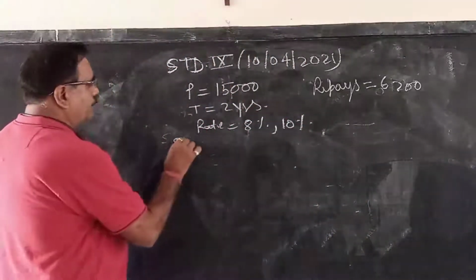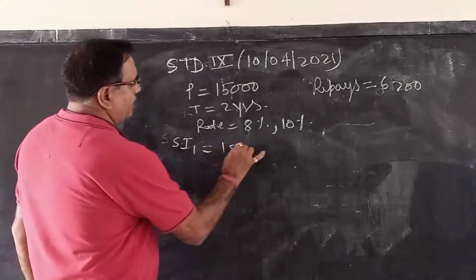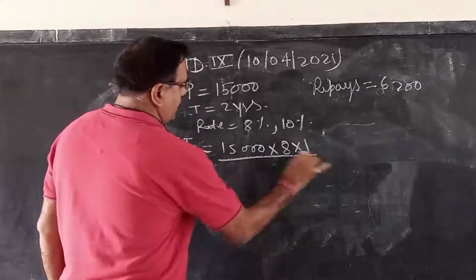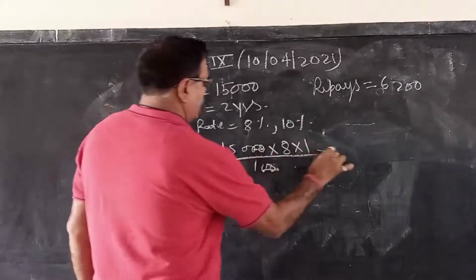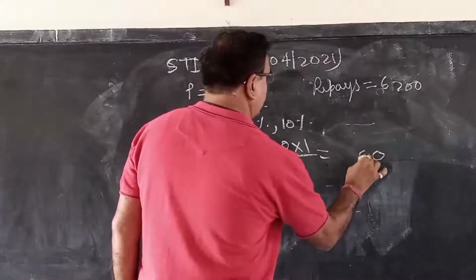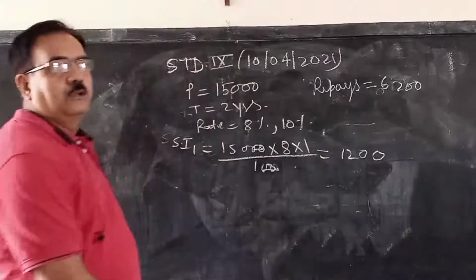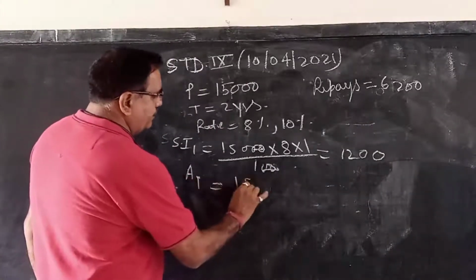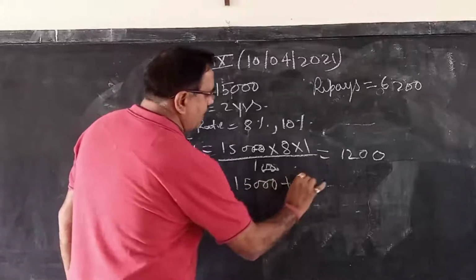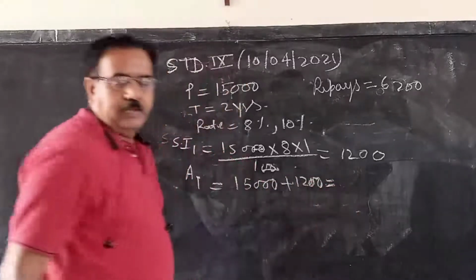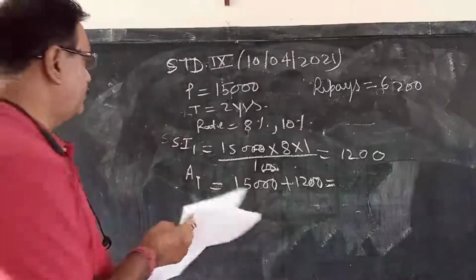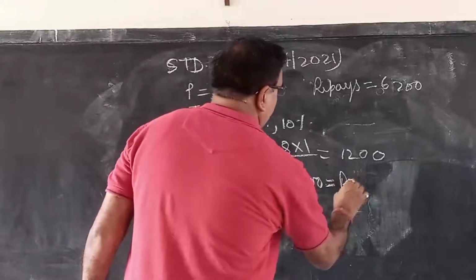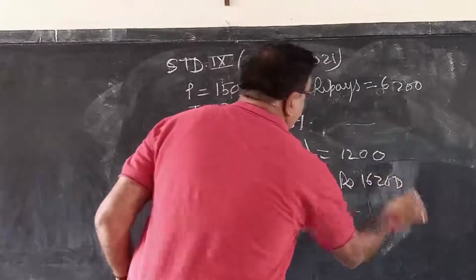Now we will find the first year interest. 15,000, rate 8%, times 1 divided by 100. 1,200 is the interest amount of the first year. 15,000 plus 1,200 is rupees 16,200.